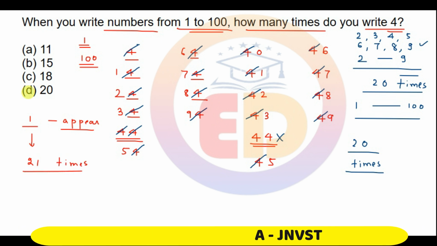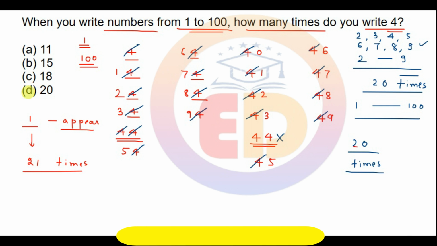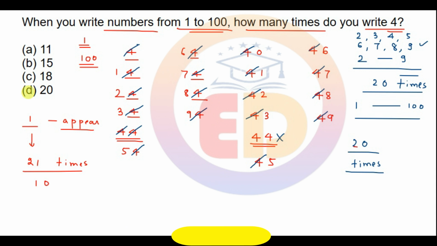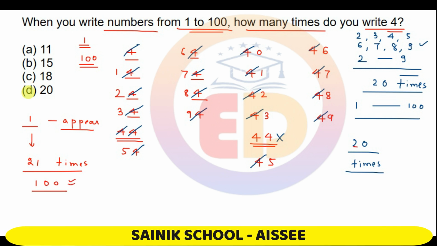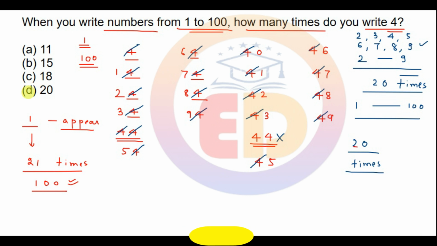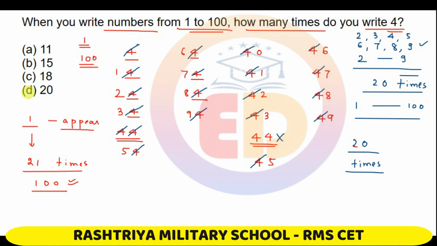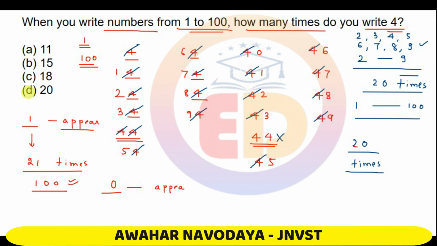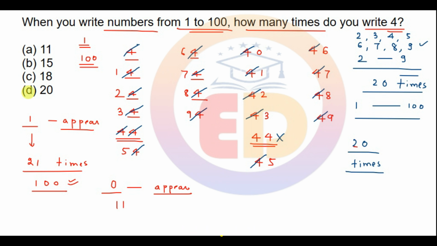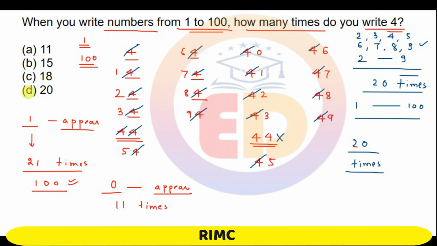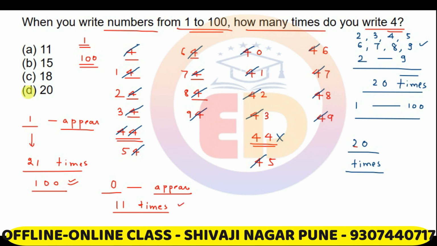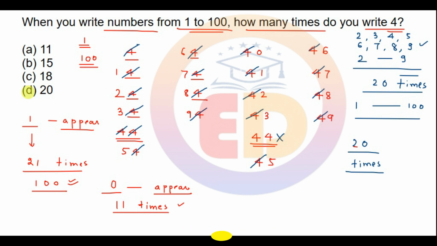Why is it more than 20 when all the digits are coming 20 times? Because we are getting an extra 1 in 100. That is why 1 will appear 21 times. And if they ask how many times 0 will appear, remember, 0 will appear 11 times. You can write down all these numbers and figure them out. But if such kinds of questions come, you can directly give the answer.